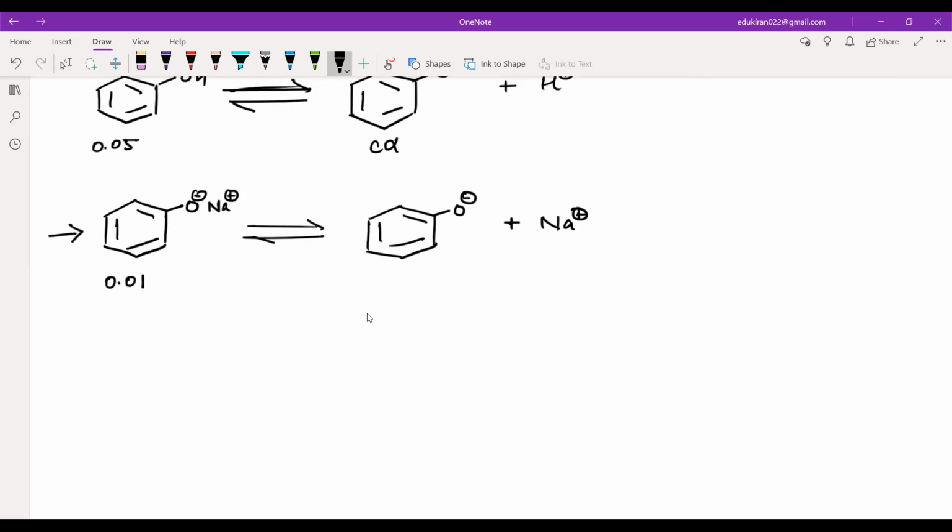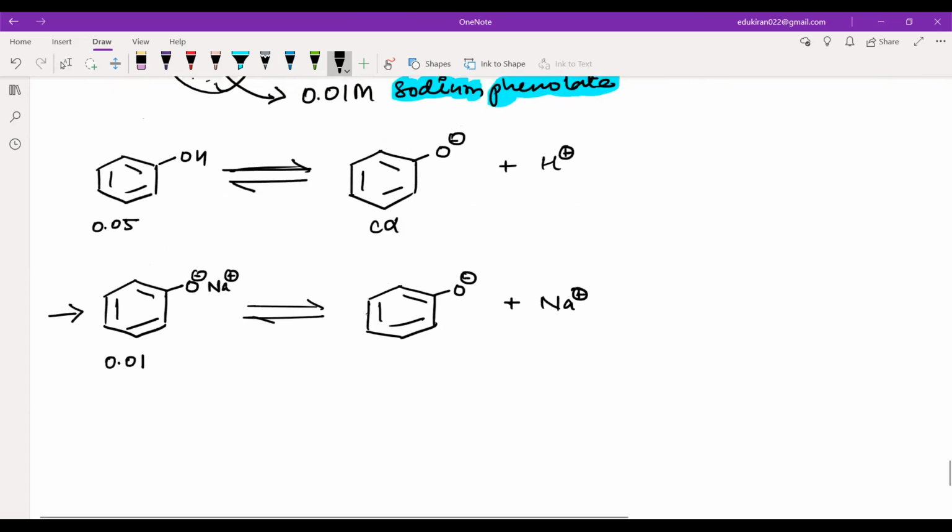Okay. So I have phenol and then I have phenolate ion here. The concentration of phenol is 0.05, and the concentration of phenolate ion is 0.01.